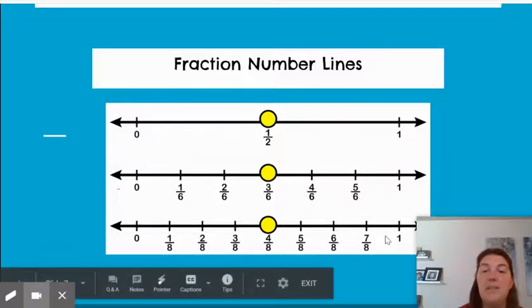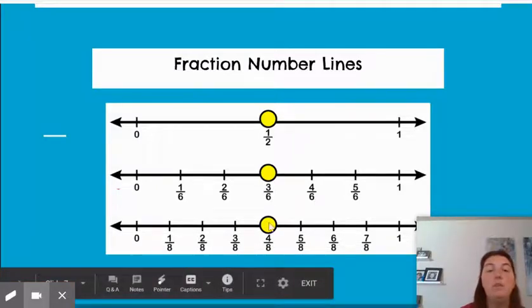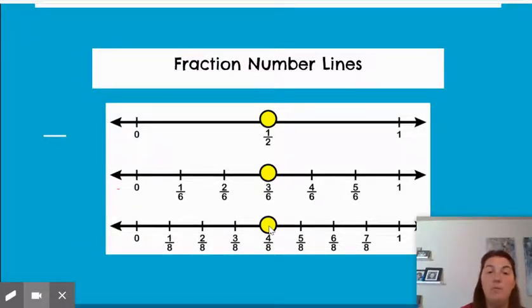Just because a pizza has 8 slices doesn't make it bigger than another pizza that has 6 slices. The whole pizza is the same size. Okay, so being able to look at fraction number lines and lining them up confirms whether they are equivalent or not.